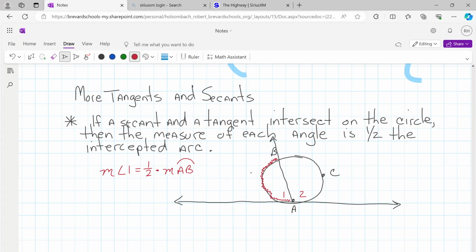Angle 1 is equal to half of this intercepted arc. Now angle 2 over here, you can find one of two ways.